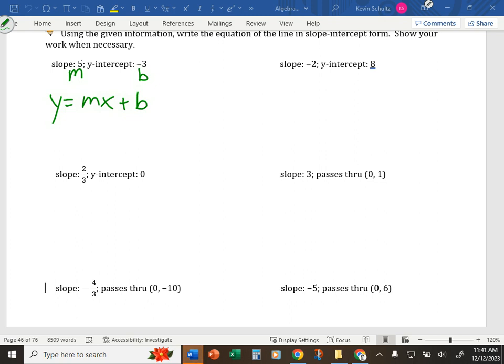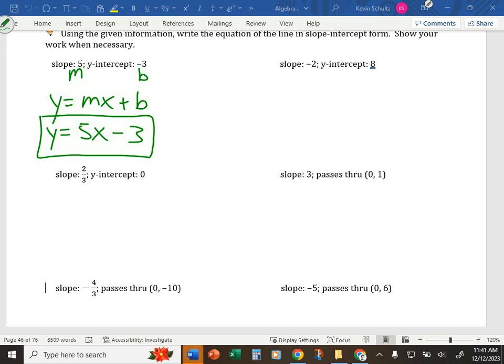If I give you the m and give you the b, what is the equation in slope-intercept form? Anthony. Y equals 5x minus 3. Exactly. Y equals 5x minus 3. You just plug in that value for m. It's given to you. You plug in the value for b. It's given to you. And here's your equation. That's it.